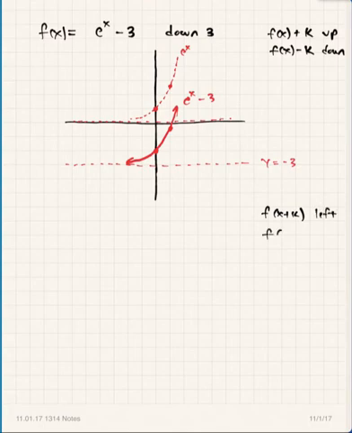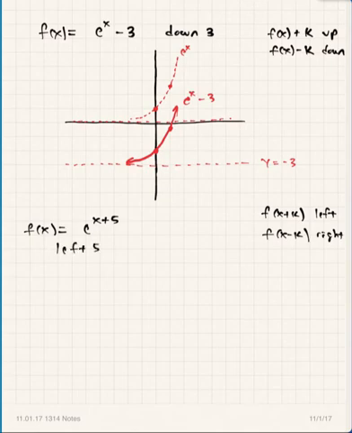And if you have f of (x minus k), you have a shift to the right. So for e to the x, if you have f of x equals e to the (x plus 5), that'd be fine. This is going to be a shift of the graph to the left 5 units.